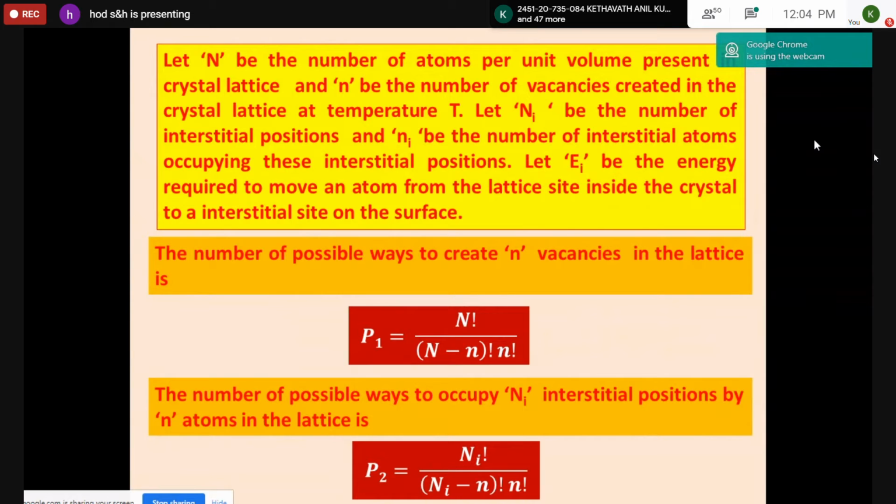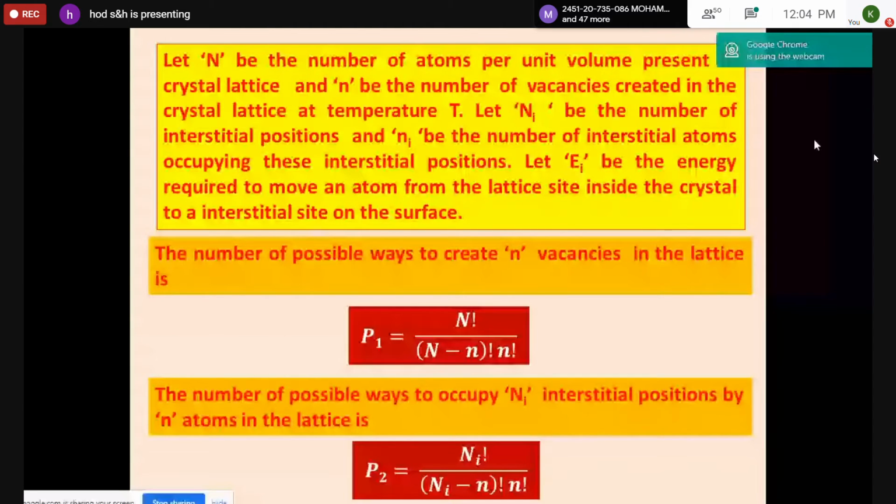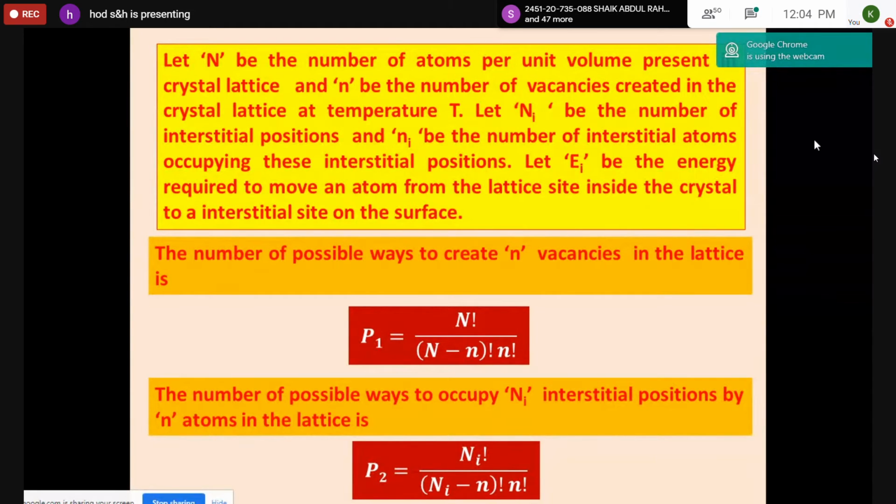Similarly, the number of possible ways to occupy Ni interstitial positions by n atoms in the lattice is represented by Ni factorial by Ni minus n factorial into n factorial. So the first one is the number of ways n vacancies are created. Similarly, the number of ways Ni interstitial positions can be occupied by n atoms.